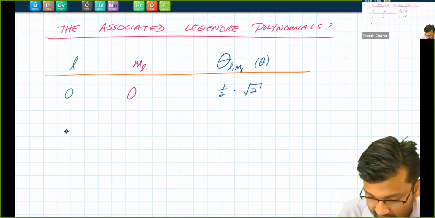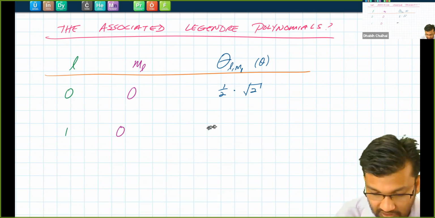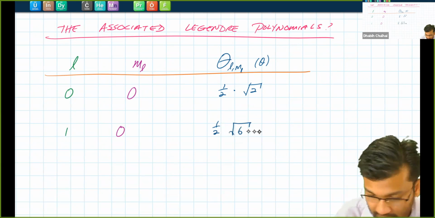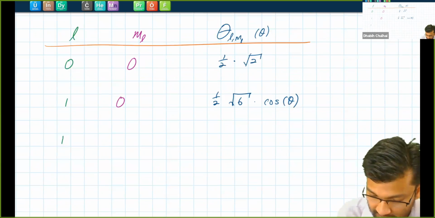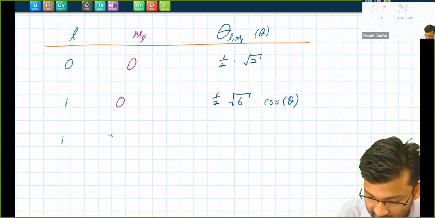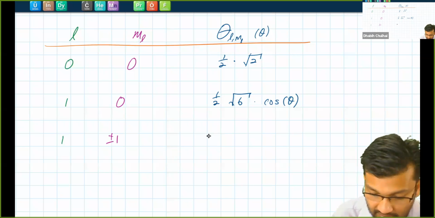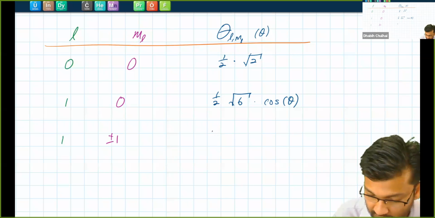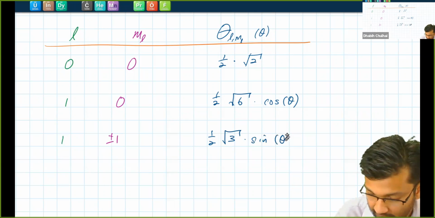We'll look at L equals 1. In that case, ML could be 0, in which case the wave function is 1 over 2 times the square root of 6 times cosine theta. In the case where L equals 1, but ML is either plus or minus 1, the theta function is 1 over 2 times the square root of 3 times sine theta.